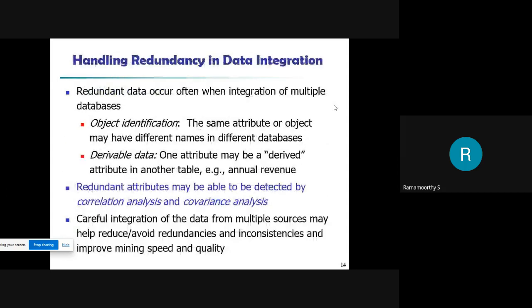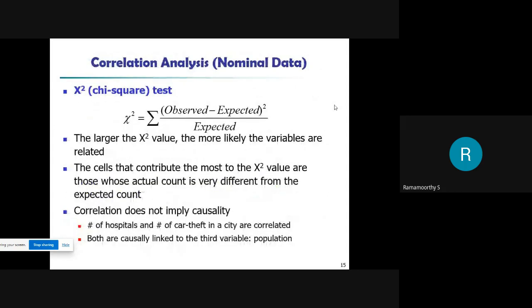One of the analysis models used under nominal data is correlation analysis. There is a chi-square test for performing correlation analysis under nominal data.